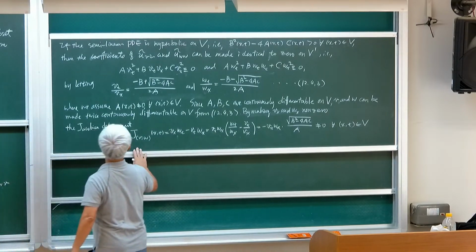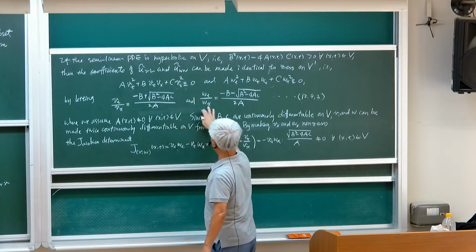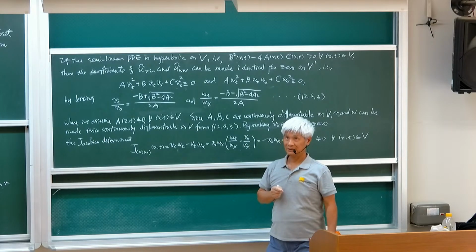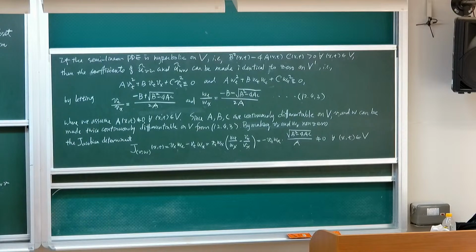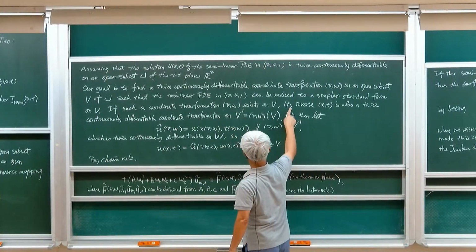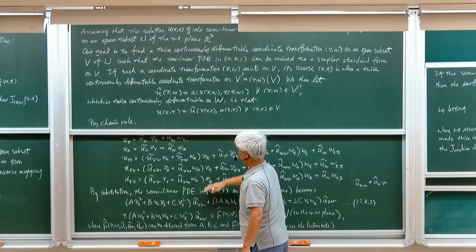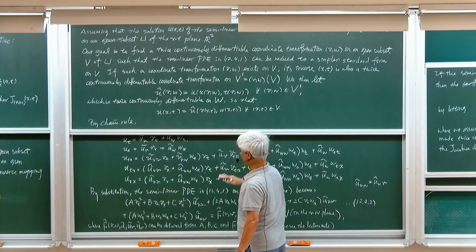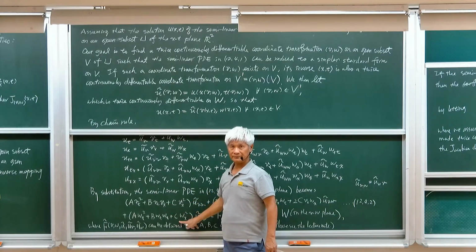Up to here, they are just necessary conditions. So if we do have V and W, we have a coordinate transformation. And we want this coordinate transformation to make these two coefficients zero.